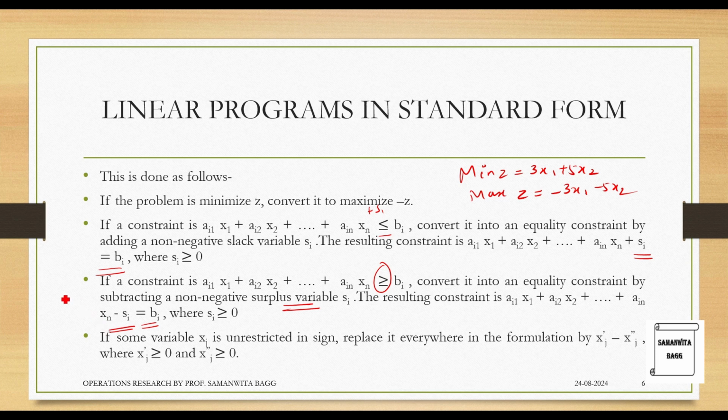Then in such kind of problems, what we do is, we are going to go for use of artificial variables as and when required. If some variable xj is unrestricted in sign, replace it everywhere in the formulation by xj dash minus xj double dash, where xj dash and xj double dash will be greater than or equal to 0.